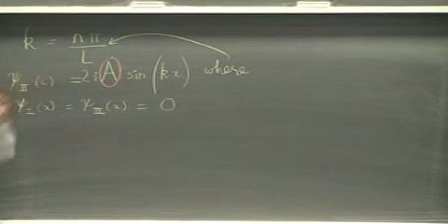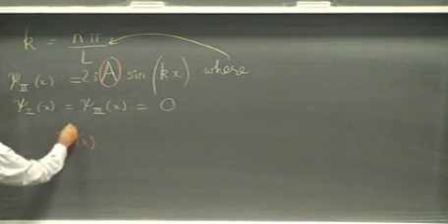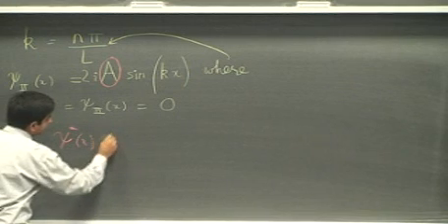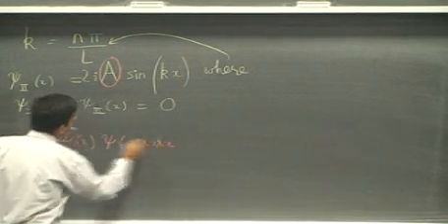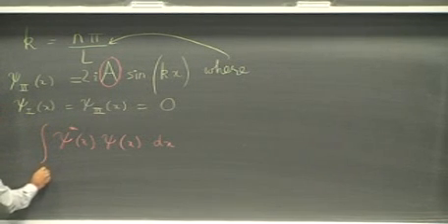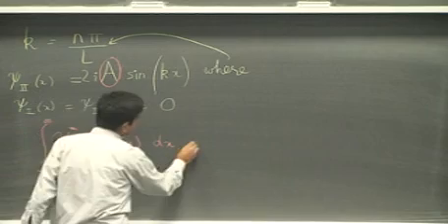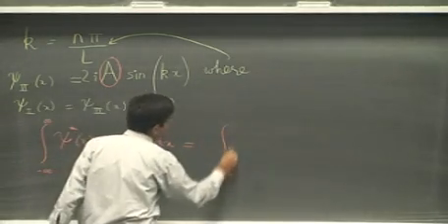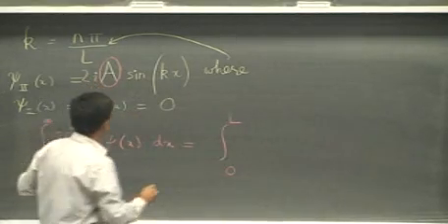The first one, the wave function has to be normalized, which means that the wave function complex conjugate into the wave function itself integrated over all of space from minus infinity to plus infinity must equal 1. But the wave function is 0 outside the well. So we can replace the minus infinity with a 0 and the plus infinity with an L.